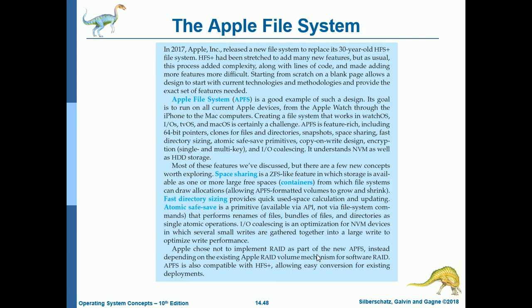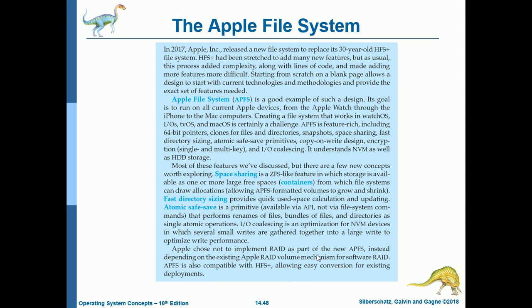Okay, next we have the Apple file system. In 2017, Apple Incorporated released a new file system to replace its 30-year-old, very old actually, HFS Plus, or HFS, meaning hierarchical file system. HFS Plus had been stretched to add many features, but as usual, this process added complexity along with lines of code and made adding more features more difficult.